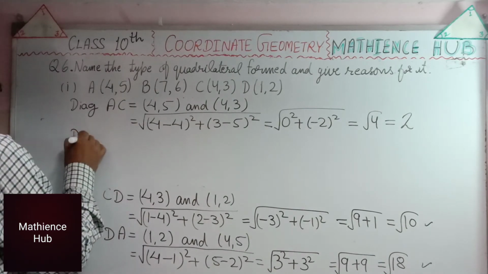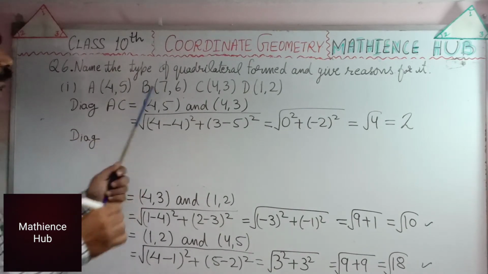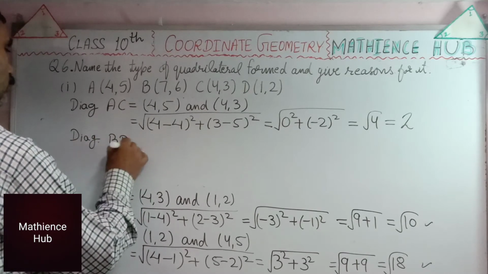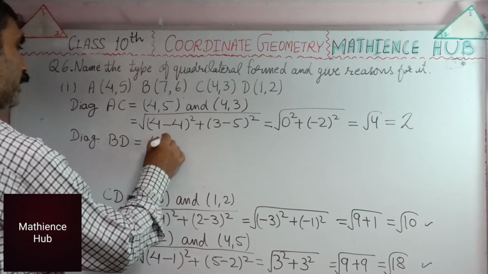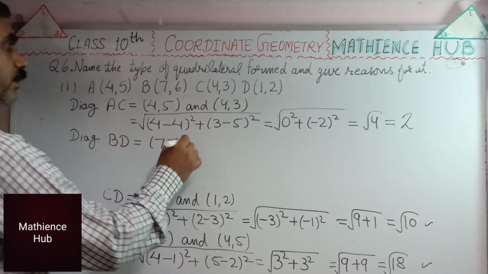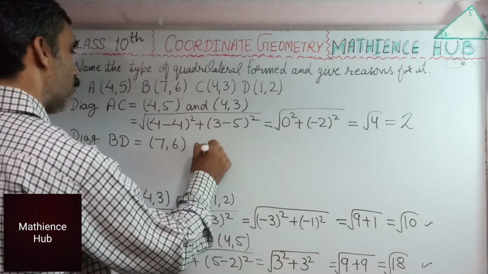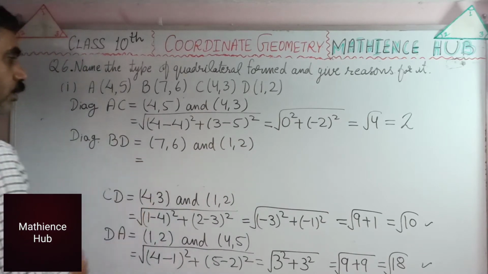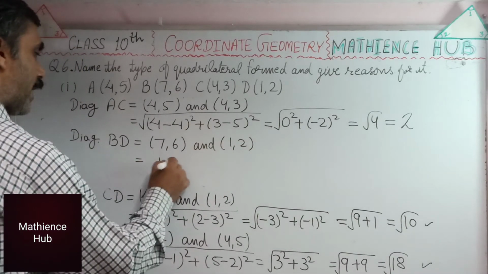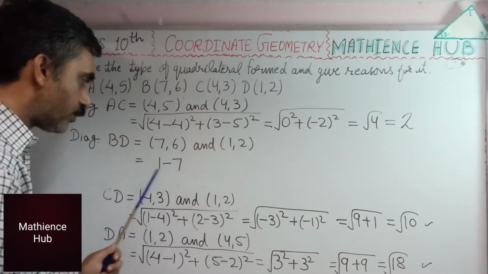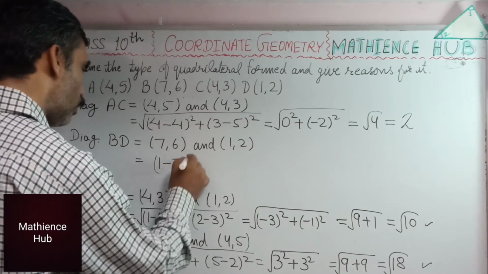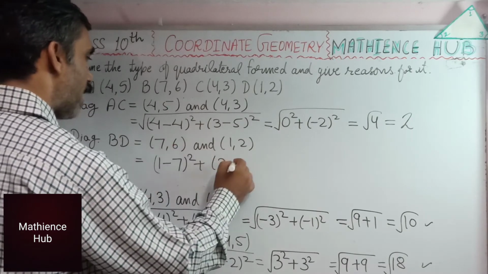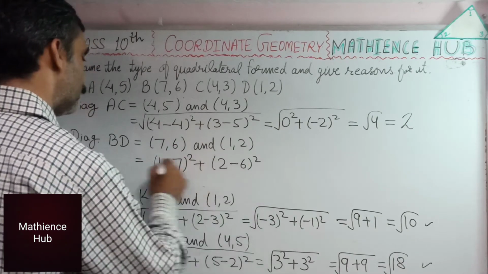The second diagonal is BD. B's coordinate is (7, 6) and D's coordinate is (1, 2). So x2 is 1, x1 is 7. x2 minus x1 whole square plus y2 is 2, y1 is 6.